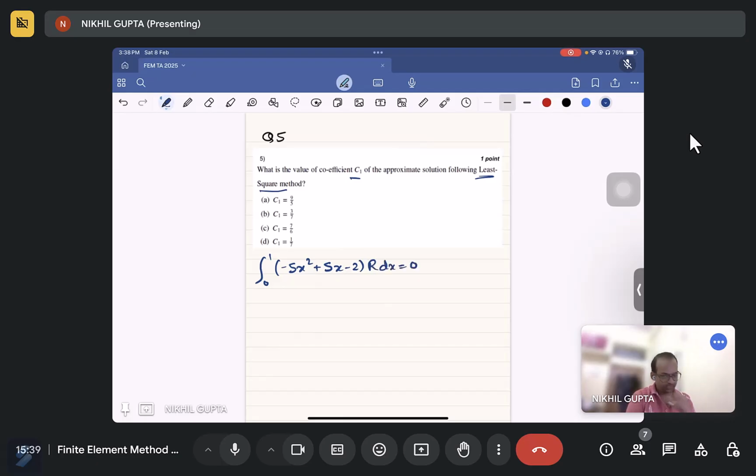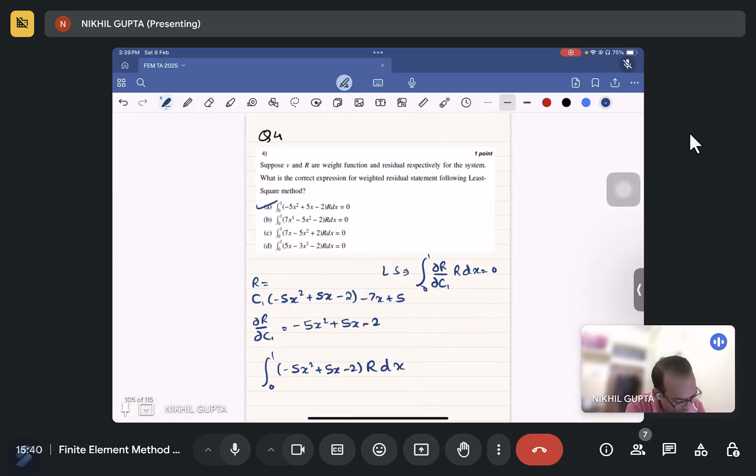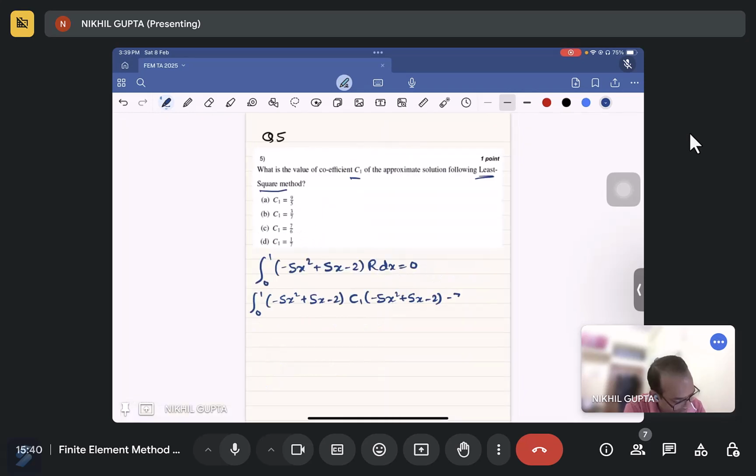Let me solve this. Is it fine? Yes. Okay, 0 to 1 of minus 5x square plus 5x minus 2, and if we substitute R as well, we will get minus 5x square plus 5x minus 2, then we were having minus 7x plus 5 as well.